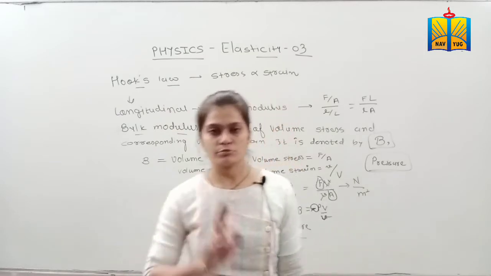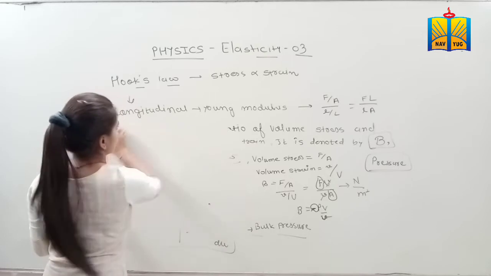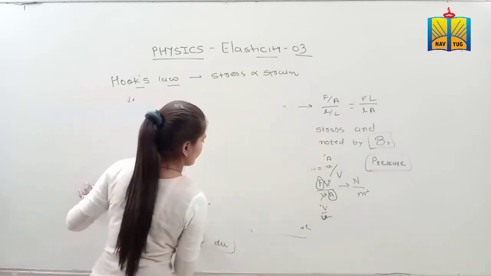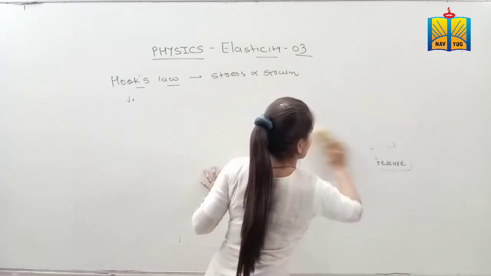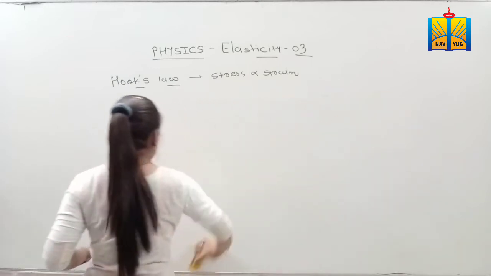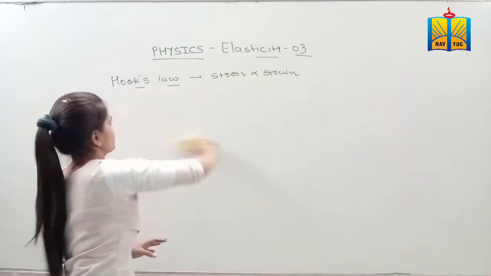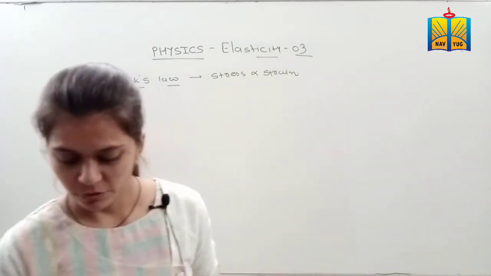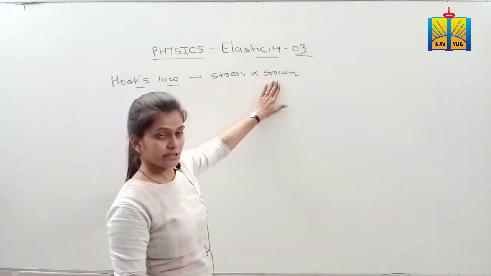Okay, now come to the type C, that is a shear modulus. Third type, that is a shear modulus. Actually, this is the combination of longitudinal stress and shear strain. Okay, must follow this Hooke's law. Stress proportional to strain.